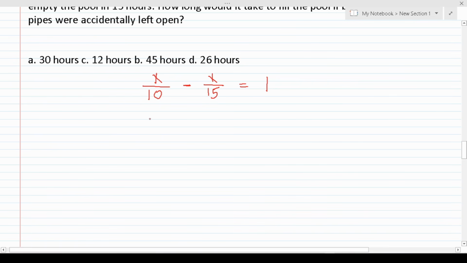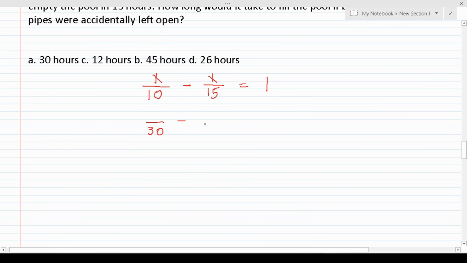Your next step is to put both of these over a common denominator. 10 and 15 have a common denominator of 30.